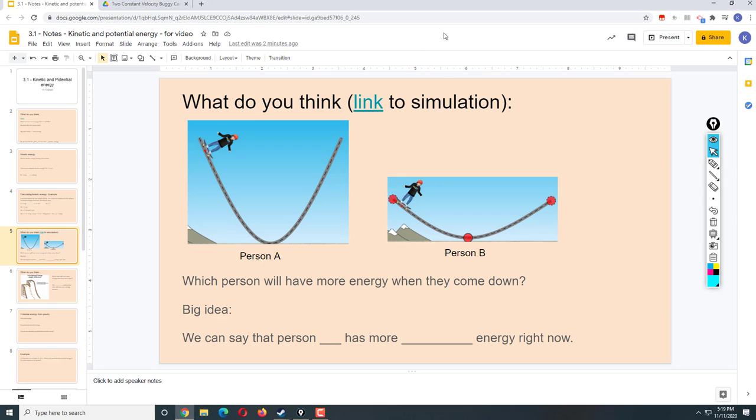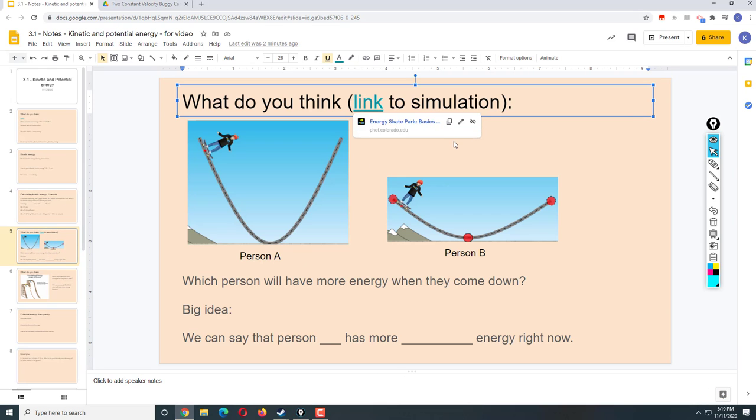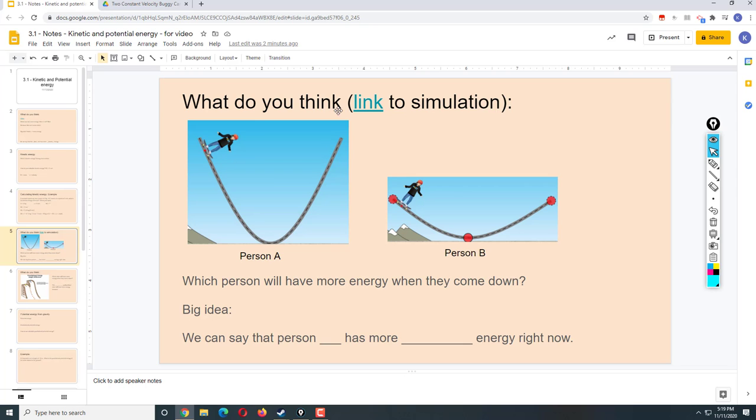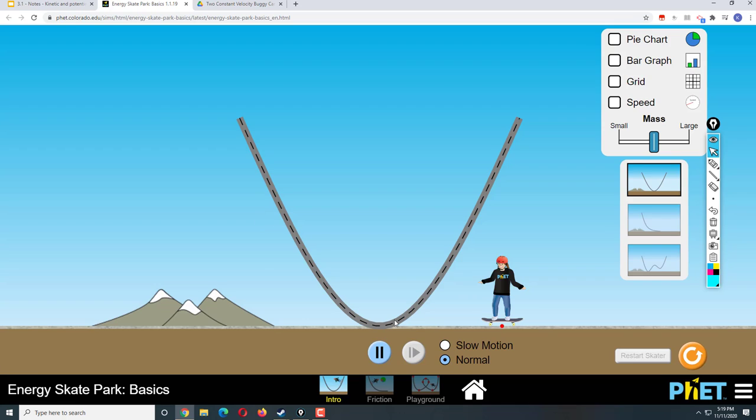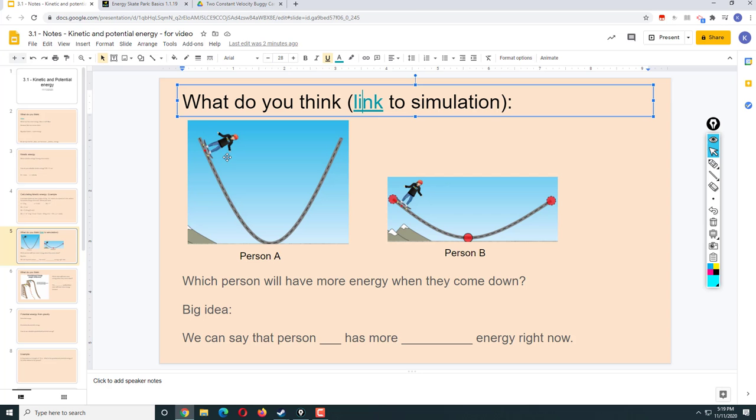Next one. So we have 2 skateboarders. We know that when the skateboarder goes up, the skateboarder will come down, go back up, down, up, down, up, like that. Which skateboarder, A or B, will have more energy when they come down?